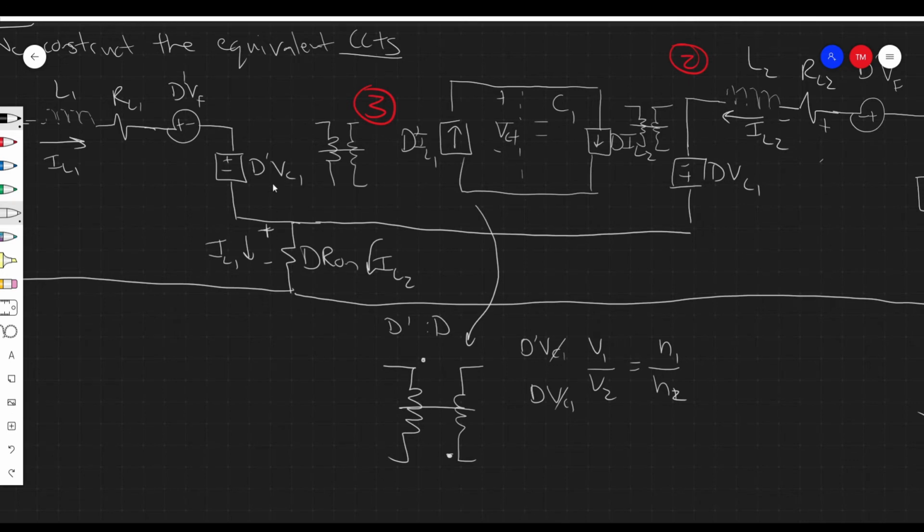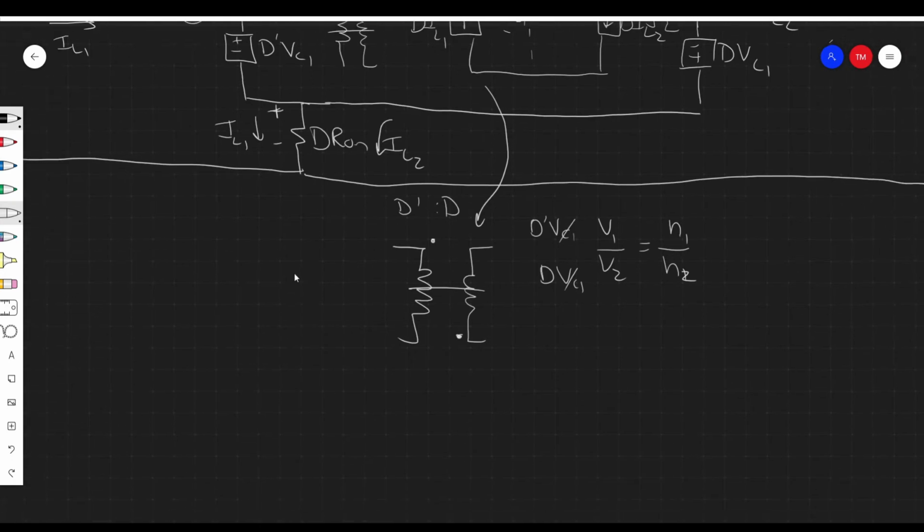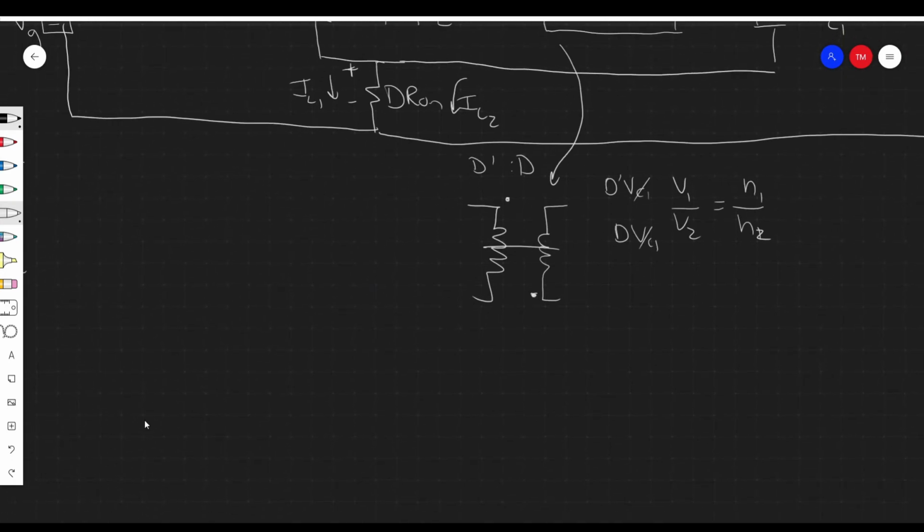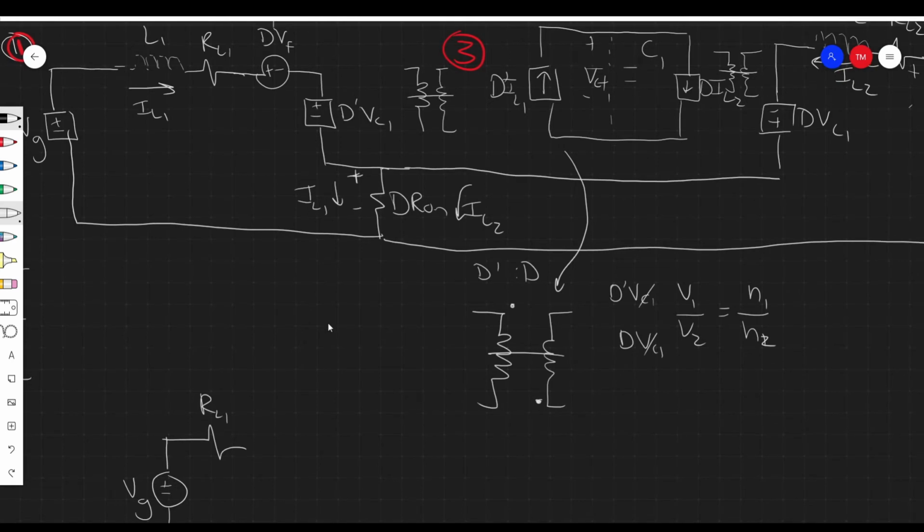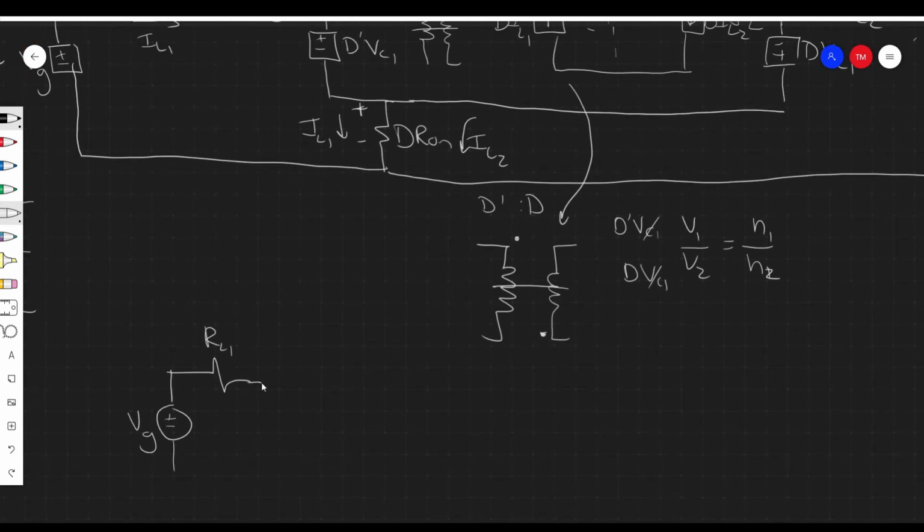So this whole complex equation simplifies into a single transformer. I'm going to redraw this whole loop, and I'm going to consider the input voltage to be already transferred through a transformer. So we're going to have VG, which then connects to a resistor, RL1, and d prime VF.